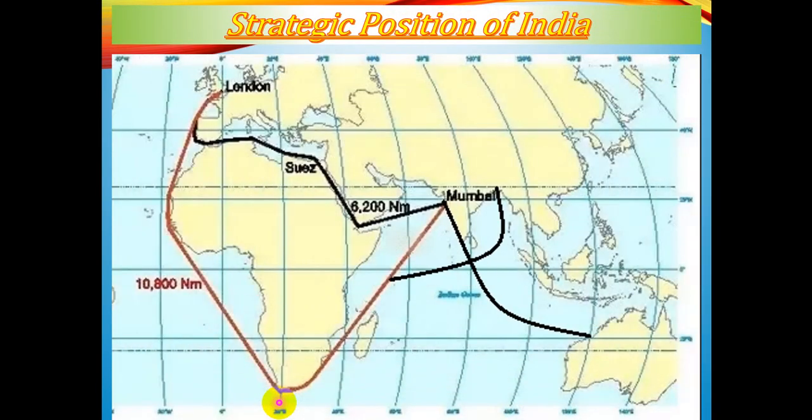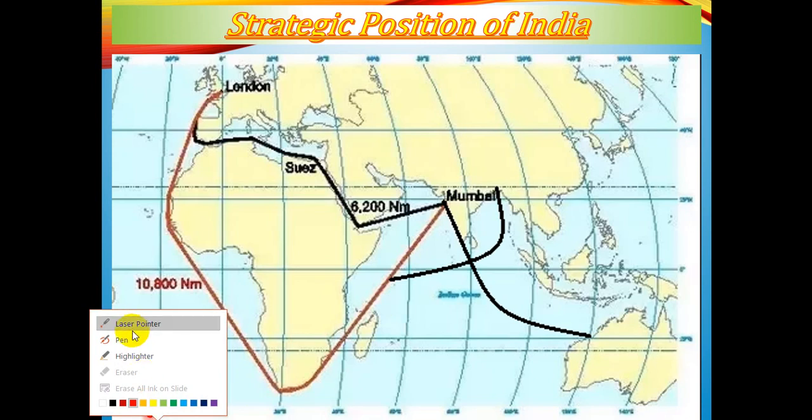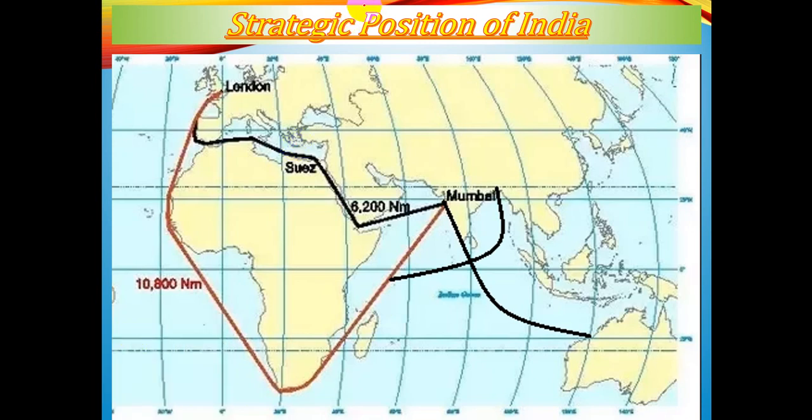Now just see the map. You can see the map and here we will get the exact picture of it. This is the Asia continent, the largest continent, entirely. Now you can see that India is located in this part.